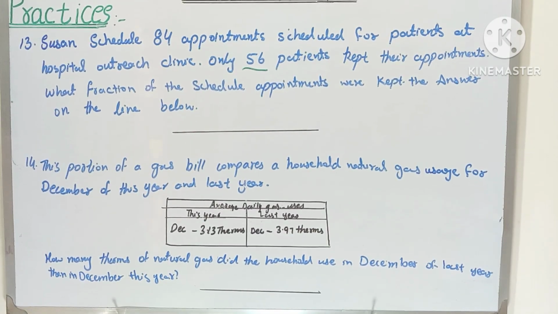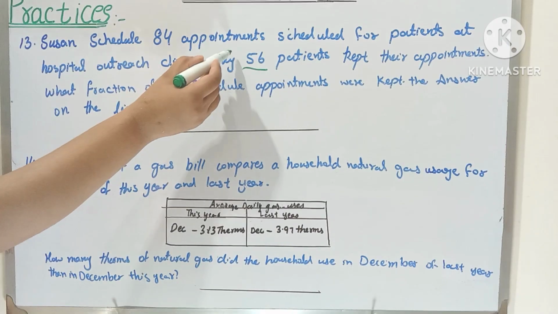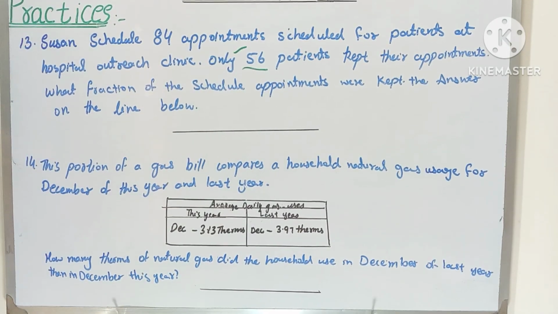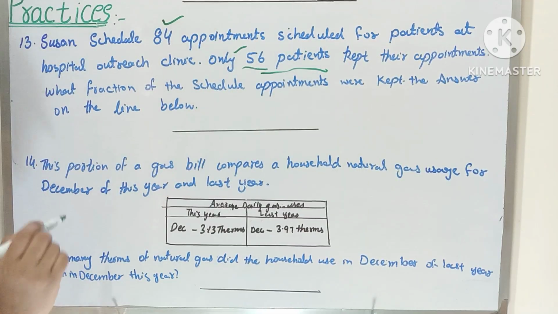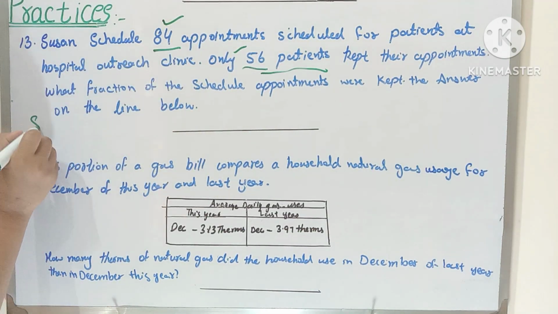Question number 13. Susan scheduled 84 appointments for patients at a hospital outreach clinic. Only 56 patients kept their appointment. What fraction of the scheduled appointments were kept? The answer on the line below. To find the fraction of scheduled appointments that were kept, you need to put the number of kept appointments over the total number of scheduled appointments. So total scheduled appointments 84, kept 56.